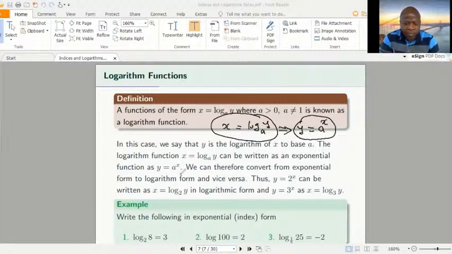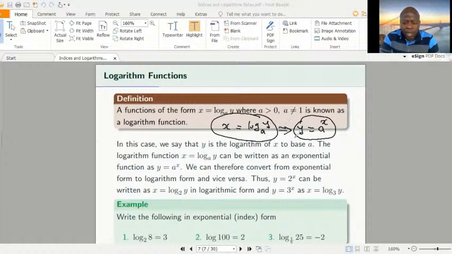I've said that we can write this logarithmic function in exponential form or in index form. And you can see what I've done is that x comes where the power was, and y goes to where x was. And so that means that we can interchange from logarithmic form to index form or exponential form and vice versa.